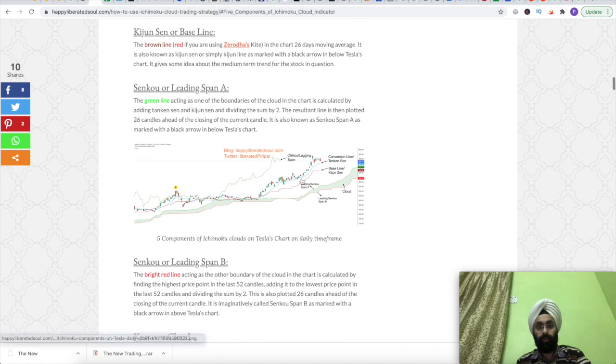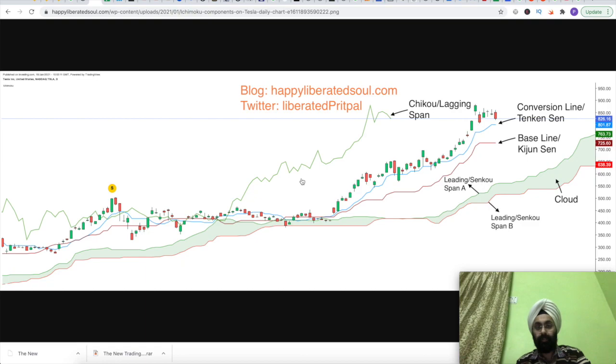If we open the chart here, this is again a Tesla chart. I have added this chart to my article itself so that the people reading the article can understand it. This is the blue line I was talking about, Tenkan-sen, and it is nothing but a 9-day moving average.